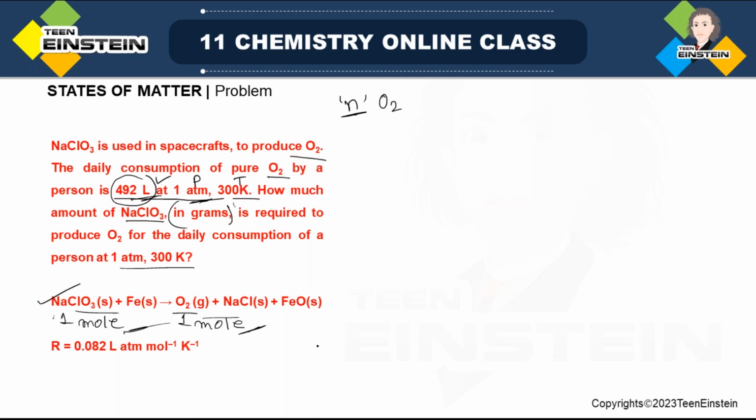And once you know the number of moles of sodium chlorate, you can also find the amount of NaClO3. How? As the formula is given, you can calculate the molar mass. So if you know the molar mass and the number of moles, obviously you can get the amount required in terms of gram. So first we will find the molar mass of this compound from which O2 is generated.